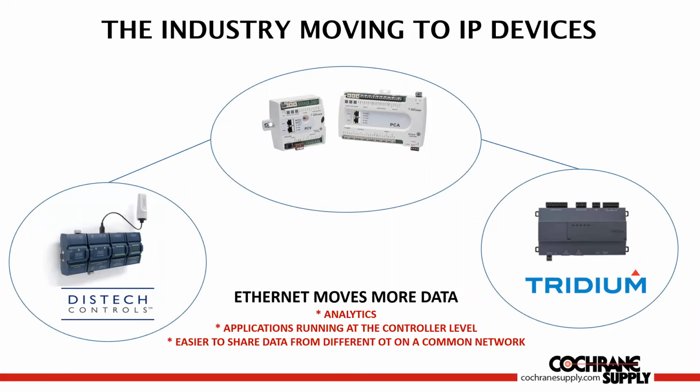We're in the age of data analytics and things like that, and running applications at the controller level. So what we need now for smart buildings are smarter controllers. And because of that, we need IP switches and an IP network to support these controllers. That same IP network, or OT network, can also accommodate other technology in the building, which we'll get to here briefly.